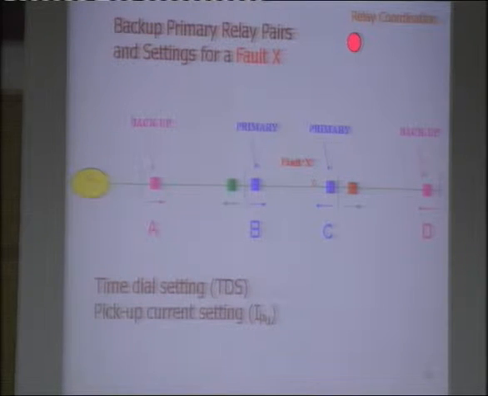There is a generator, there is a transmission line going on, and this is a simple transmission line where some of the buses, A, B, C, are one after the other and the transmission lines are joined in succession. The squares represent the protective relays which I am referring to for protection of the line.